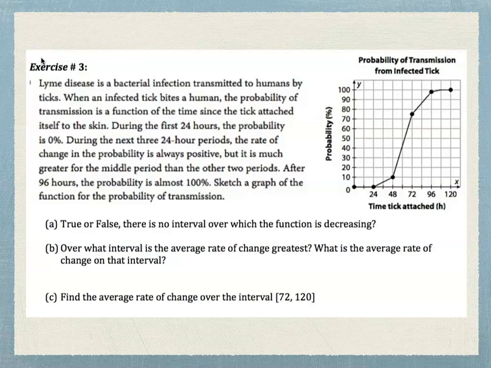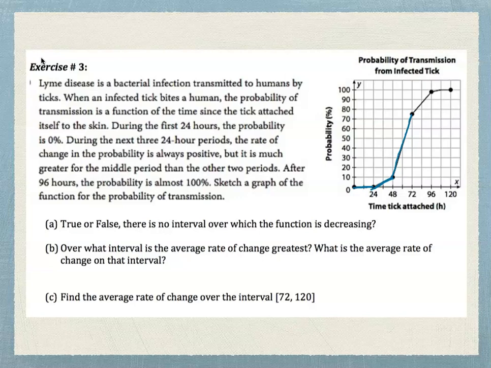All right, which means that here, if the tick's on you for 1 day, you're not going to get infected. The probability of you getting infected is 0. On the second day, the probability goes up. If the tick is still on you for the 3rd day, then that probability goes up a lot. It increases rapidly. All right.